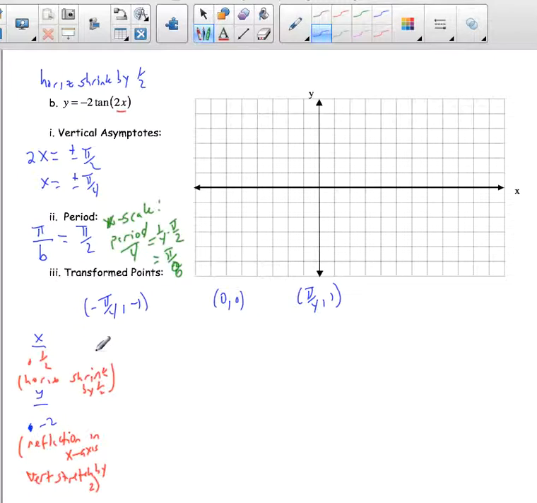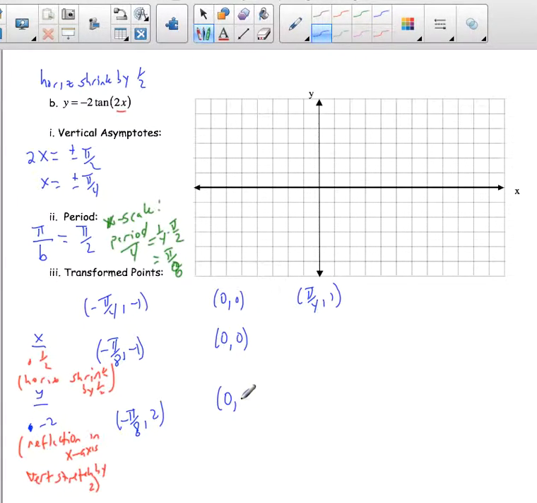So multiplying x by 1/2 here, that's going to give us negative pi over 8, -1, and then multiplying y by -2. Let me fix that, -1. That doesn't look so good. So I'll rewrite that for us. Negative pi over 8, -1. Multiplying y values by -2 puts this point at negative pi over 8, 2. 0, 0, multiplying x by 1/2, I'm still at 0.